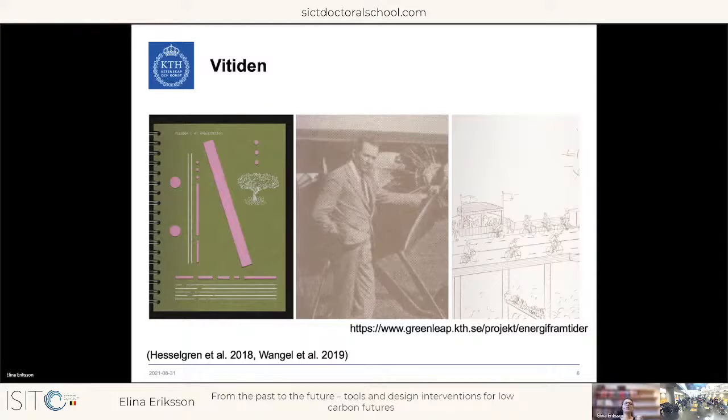So we actually transformed this Swedish Energy Agency scenario into this book, this pamphlet that you're looking at on the slides. It was a reconceptualization, and it took a long step into the future. So this was discussing 2050.